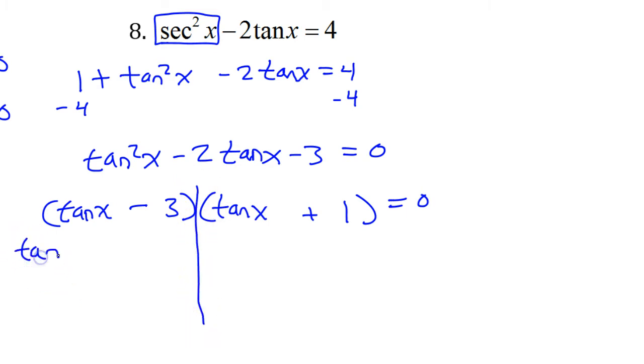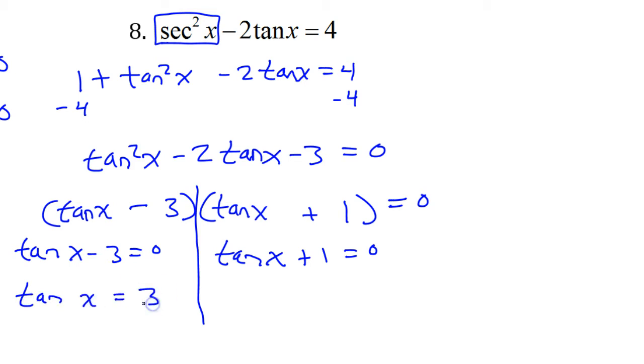So tangent x minus 3 equals 0, and tangent x plus 1 is equal to 0. All right, over here I've got tangent x is equal to 3.